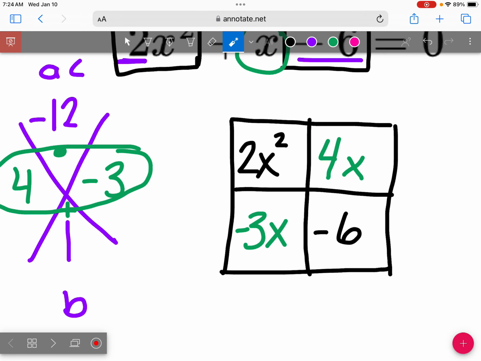And so then just like last time, we're going to look at columns and rows. We're just going to have to be carefuler. So what is shared between 2x squared and minus 3x? Just an x. What is shared between 4x and negative 6? Not quite 4. 2.